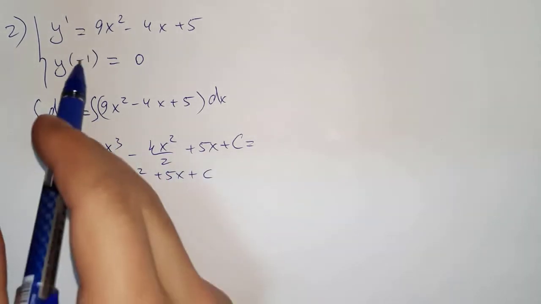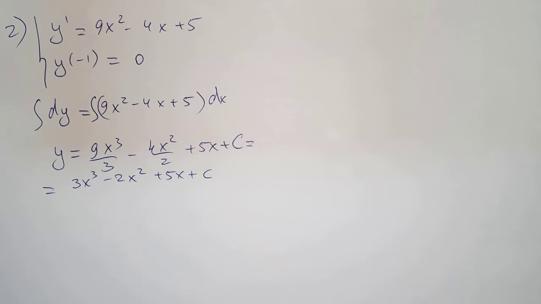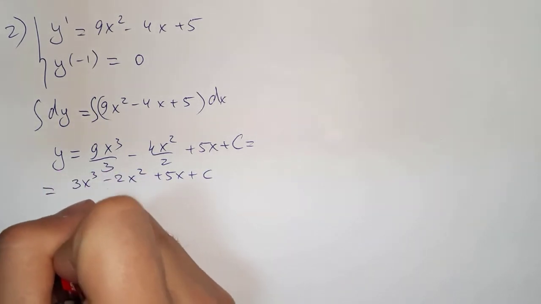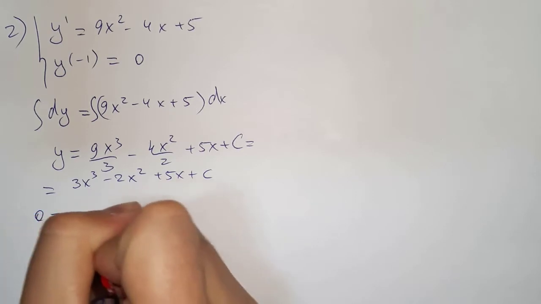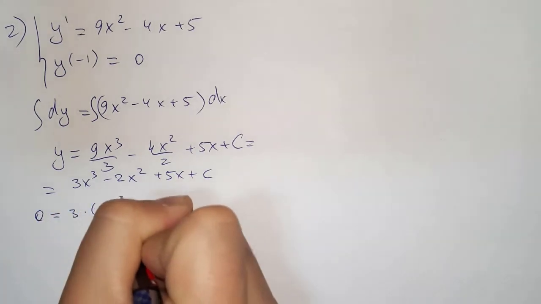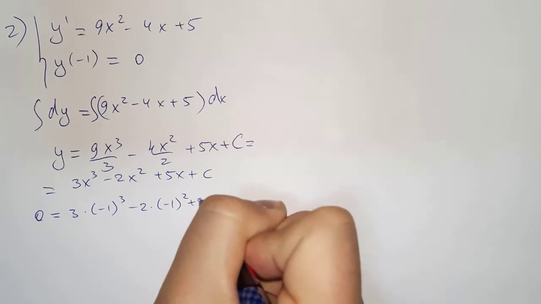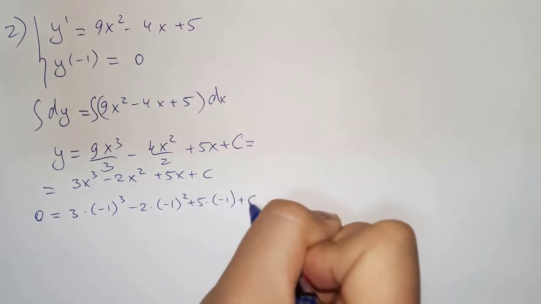And now let's plug in this initial value. We have 0 equals 3 times minus 1 cubed minus 2 times minus 1 squared plus 5 times minus 1 plus c.